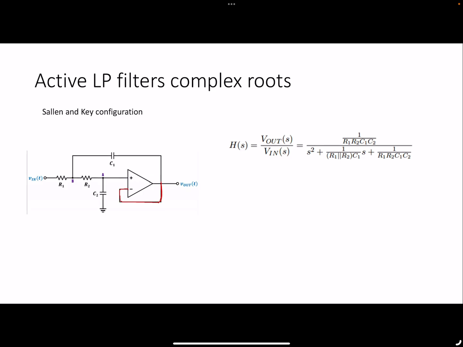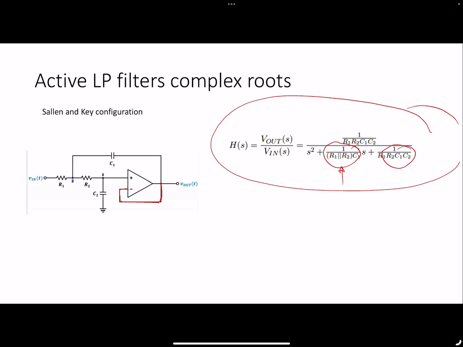So this is a simplified Sallen-Key configuration, which will have this type of transfer function. And now the things that you would basically need to worry about are this and this. So you get a slightly algebraically simpler circuit that has 4 free parameters.